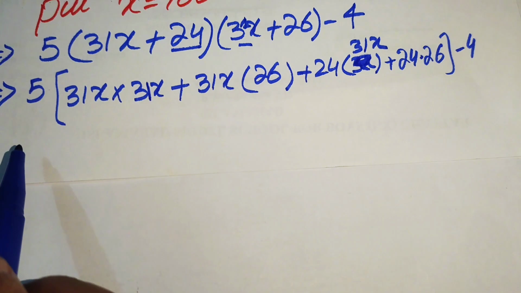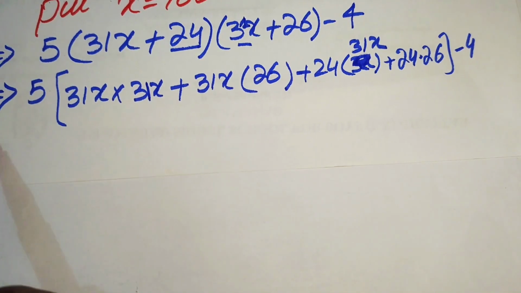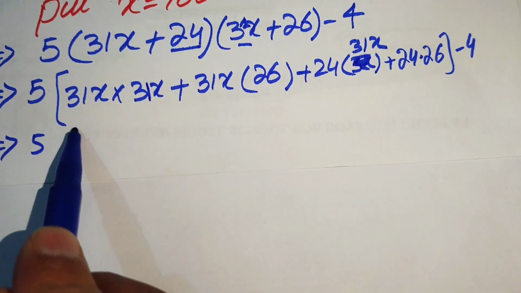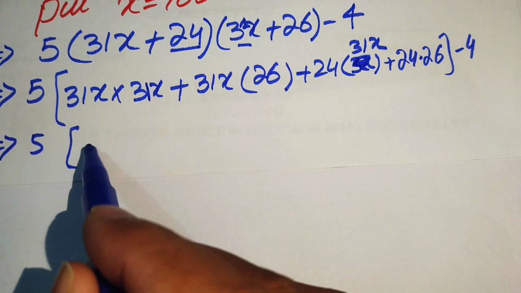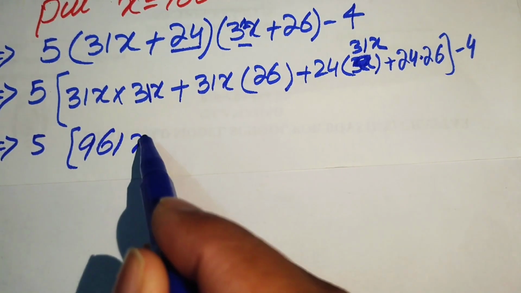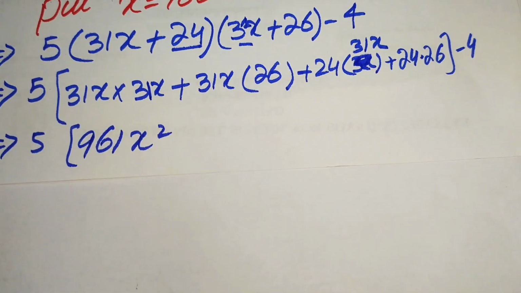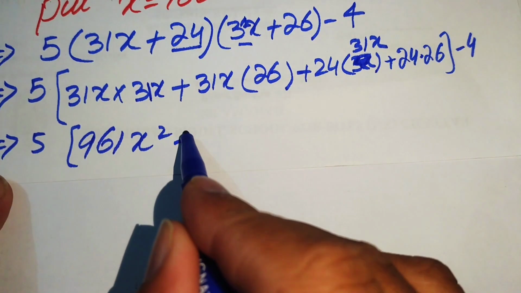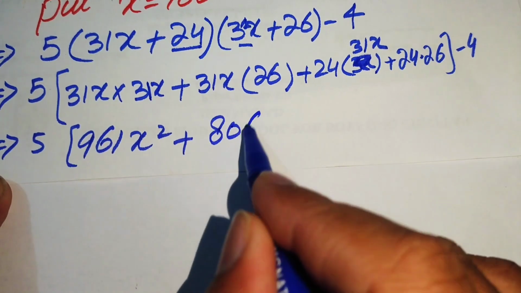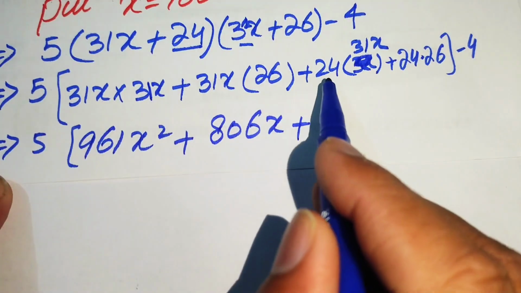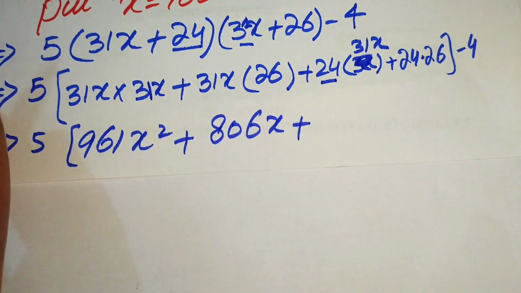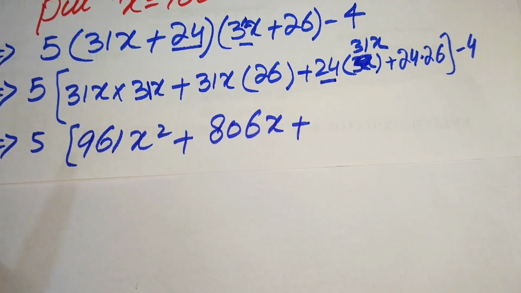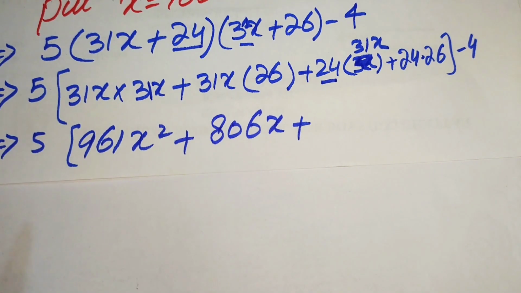When we multiply 31 by 31, we just get 961x square, and after that we multiply 31 by 26, then you easily get 806x. Similarly, here you multiply this 24 by 31, so this is the simple traditional multiplication, and you easily get it without the calculator.